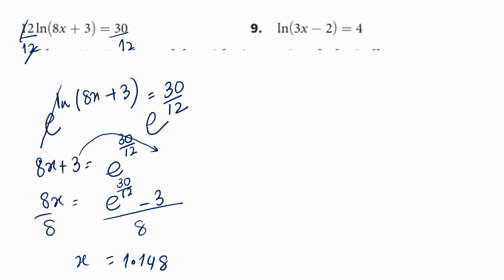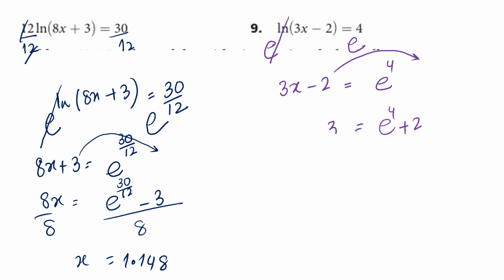Next question. Here so easy. Just raise the power of e on both sides to get rid of this ln. You will get 3x minus 2 equals to e to the power of 4. Bring the negative 2 here. It will give you positive 2 on the other side. And here 3x is left. Divide both sides by the 3 to get the final value of x.